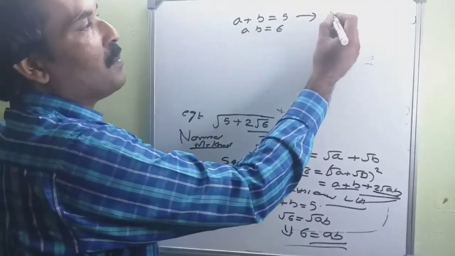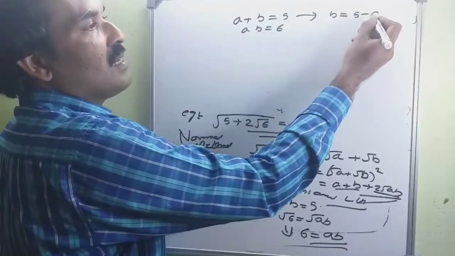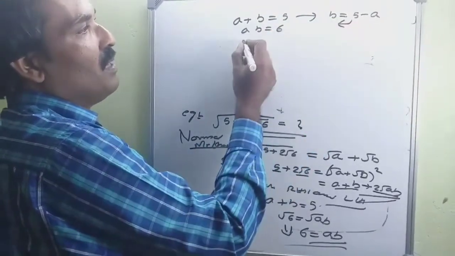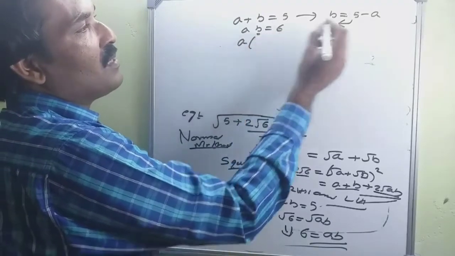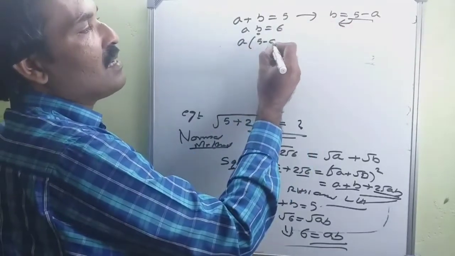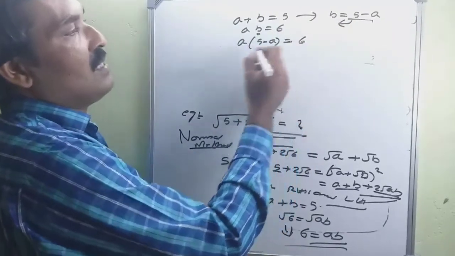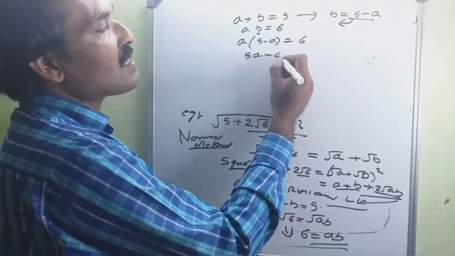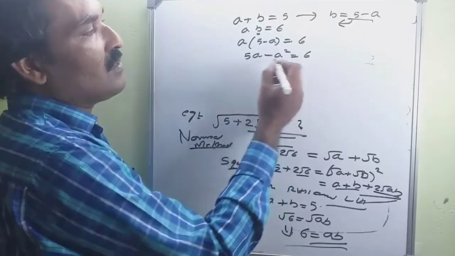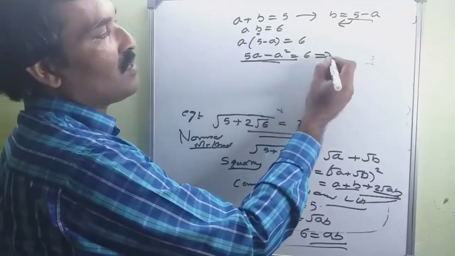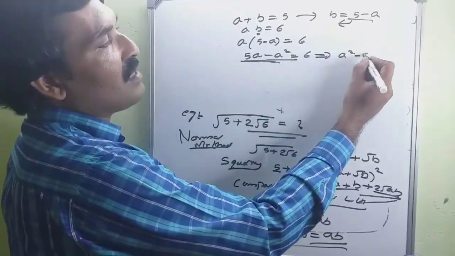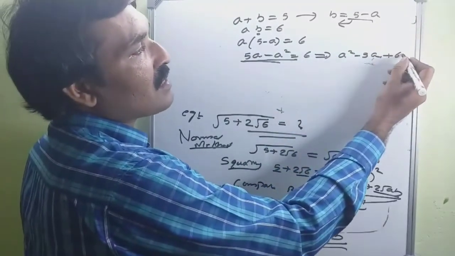From this you get b is equal to 5 minus a, and substitute for b. This becomes a into 5 minus a is equal to 6, or 5a minus a square is equal to 6. This is a quadratic equation. This implies a square minus 5a plus 6 is equal to 0.